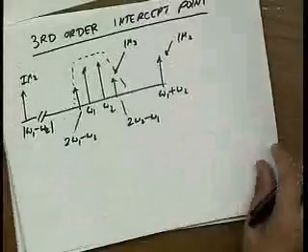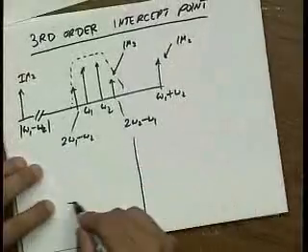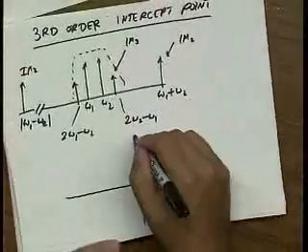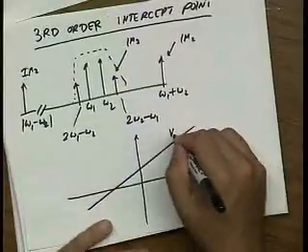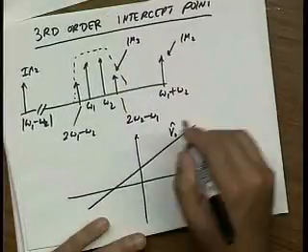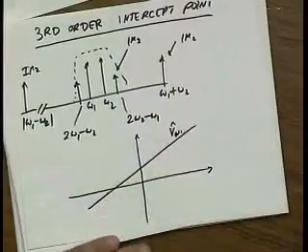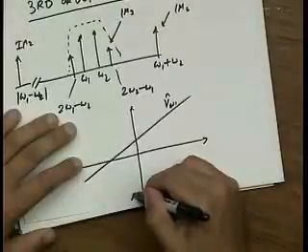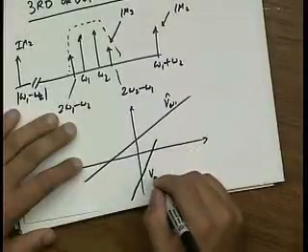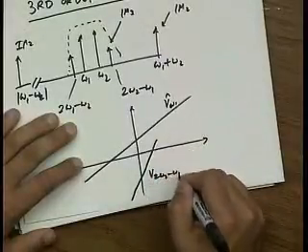Now if I do the same thing that I did graphically, I can again make a plot of my fundamental output. This is VO omega 1. And then I can make a plot of V, let's say 2 omega 2 minus omega 1.